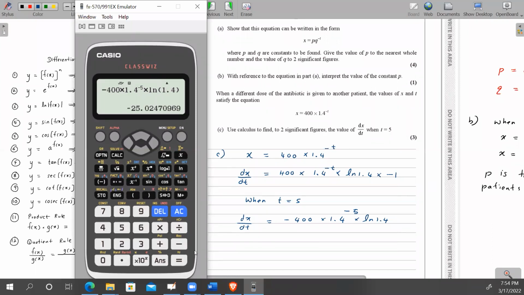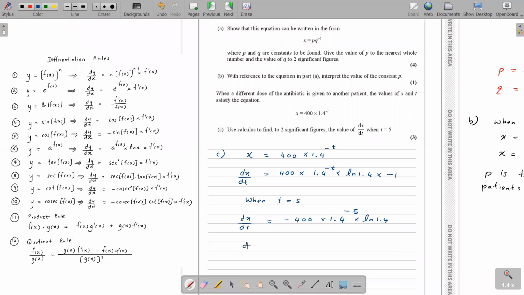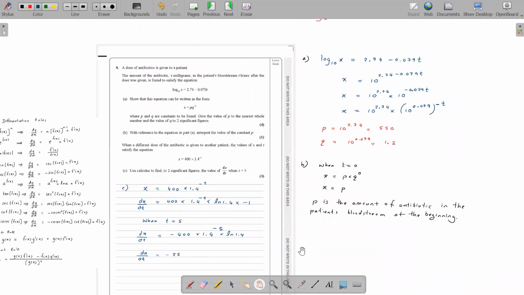So I get minus 25.0247, which when we round off to two significant figures gives dx by dt is minus 25. Okay, so this is the answer for part C.